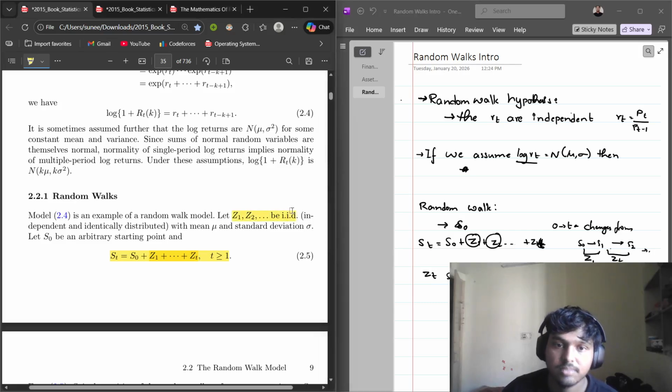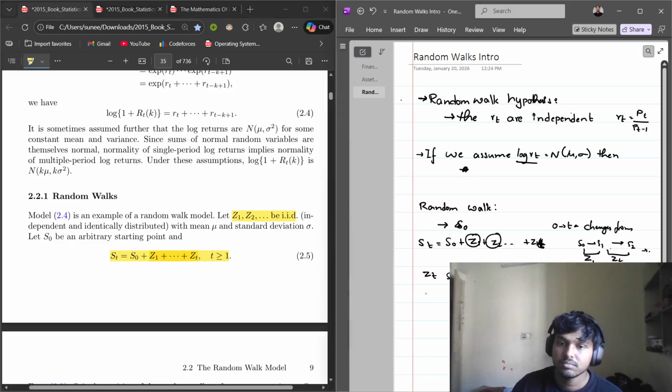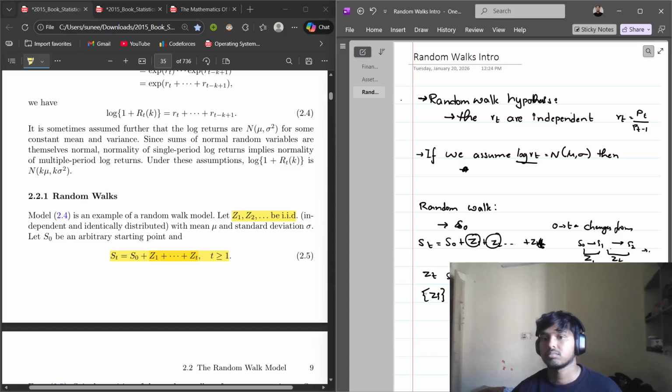So this is what a basic random walk is, and we consider the Z_i to be IID. So the Z_i are independent and identically distributed. So why do we take the differences and model them?